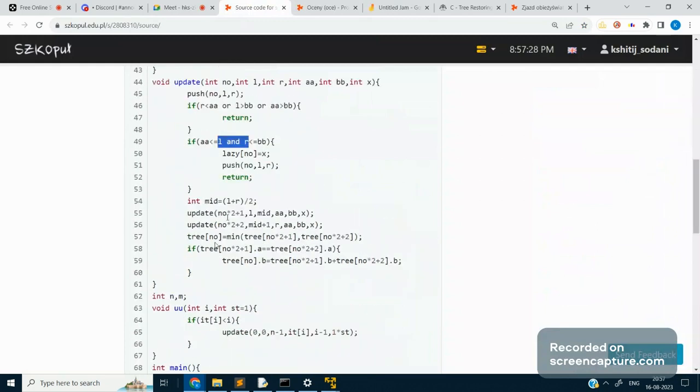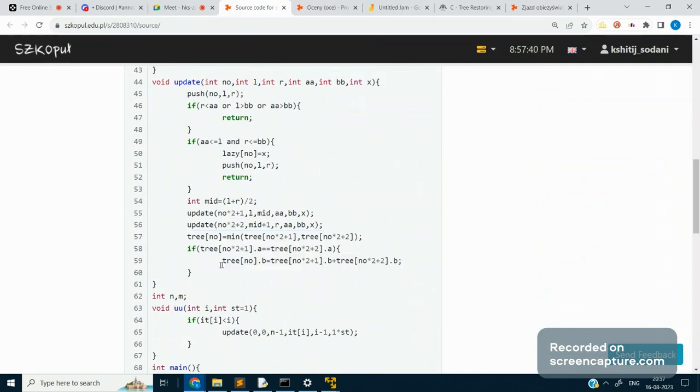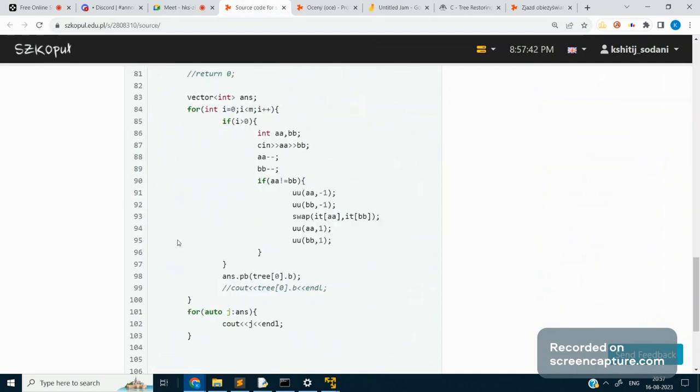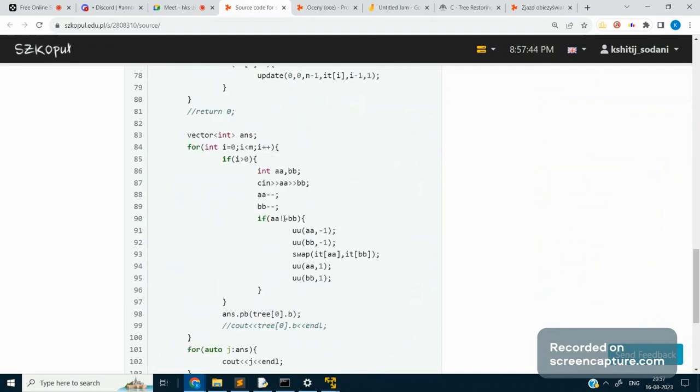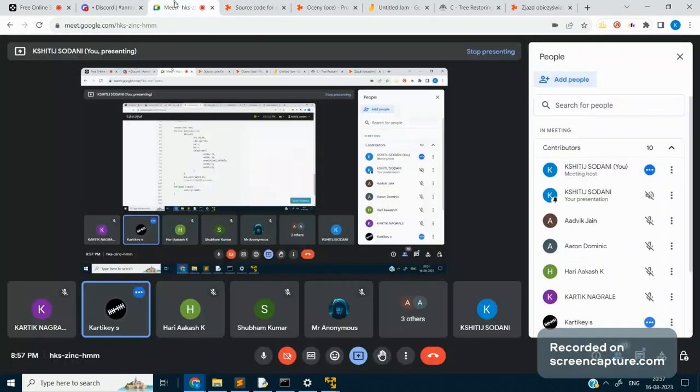And while merging two nodes, we take the minimum of the minimums of both, and if the left node has the same minimum as the whole tree, we add its count, and similarly for the right node we do the same. So for updates, we just need to maintain the elements in an array, and we just swap them at the end, and we update.